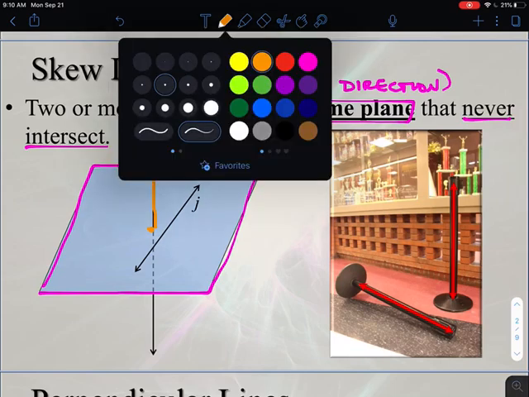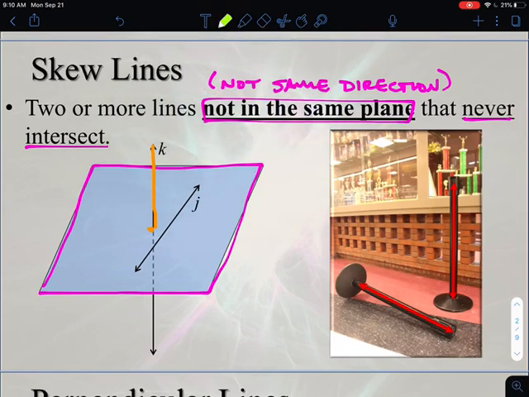On the other side of that, we have line J. Line J here would be lying on that paper on your desk. So on that paper, you've got line J lying right on the paper there, and then you've got line K, which is going through the middle of your desk, just straight down. Now, if we look, what we notice is because they're going two completely separate directions, and we notice that because one's lying on the desk, the other one's passing through it, these two lines never actually intersect one another.